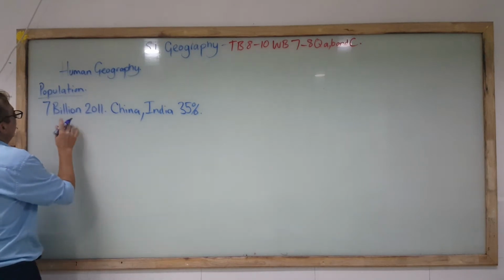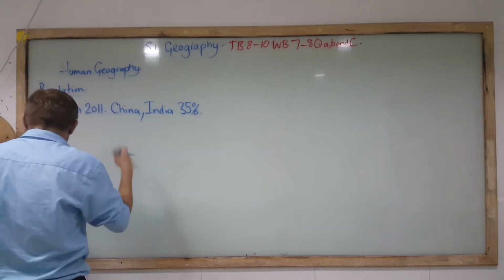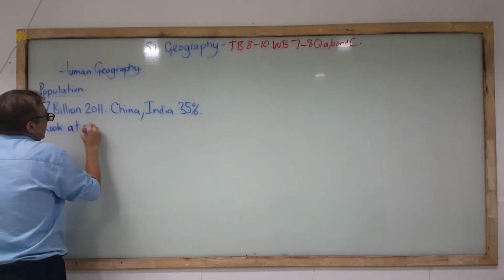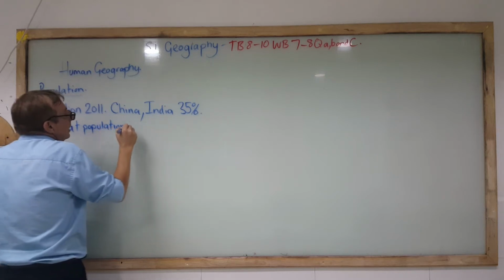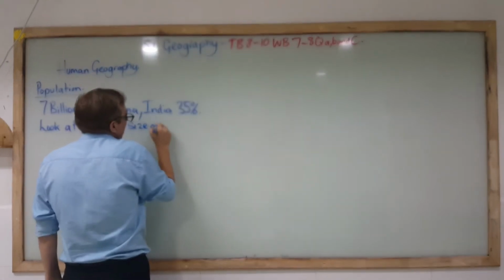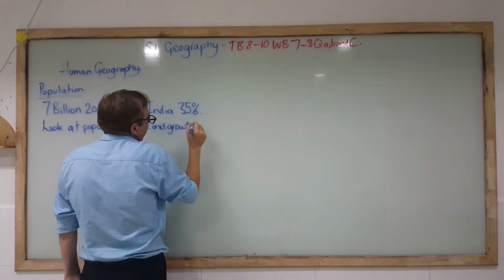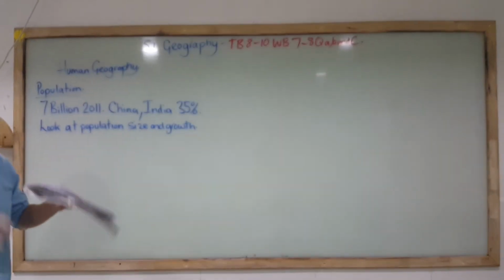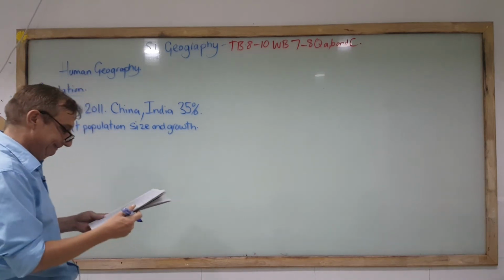Now, geographers look at population size and growth. Yeah, they work out the growth rate just by taking the number of deaths away from the people that are born every year.